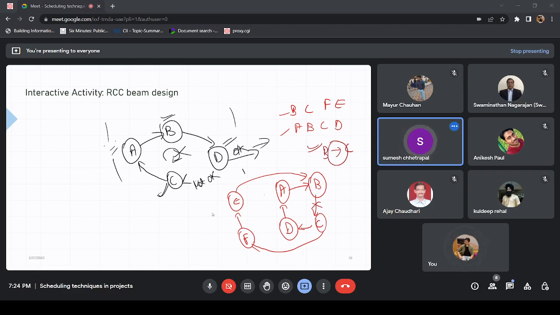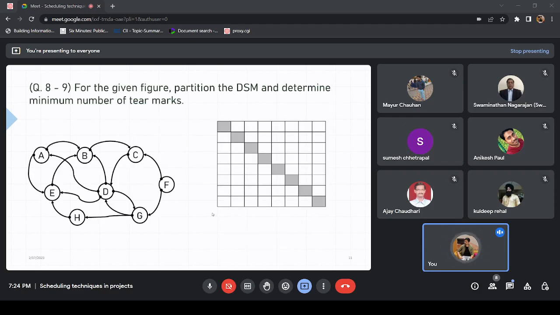What we have done in the current session is partitioning and tearing. Two things we discussed, sir. Yes, and we will come to matrix multiplication in the next example.